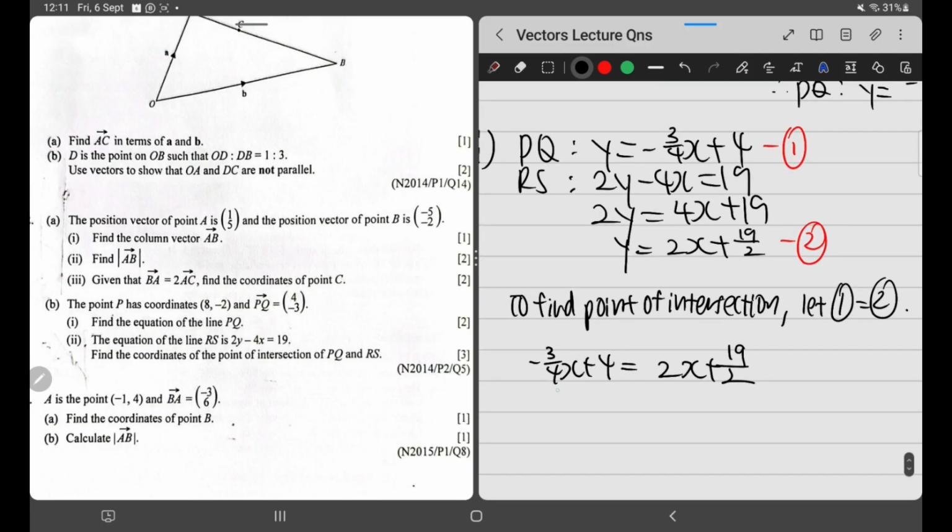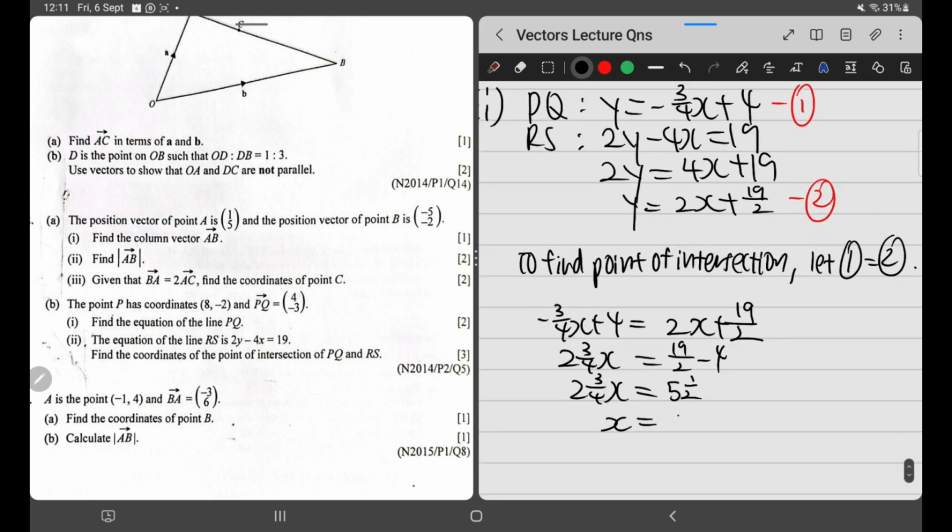And then you sub in your values, you get 2 3/4 x equals 19 over 2 minus 4. So 2 3/4 x equals 5.5. Therefore, x is 5.5 divided by 2 3/4.